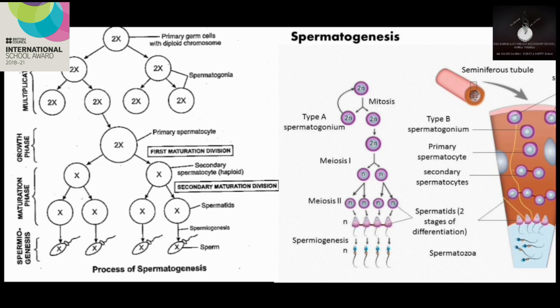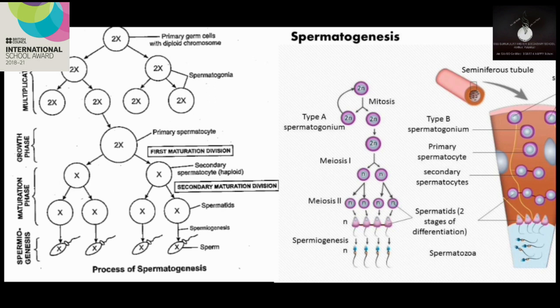Okay, I'll tell you once more. Here, during the maturation phase, the primary spermatocytes will undergo the first meiotic division. As a result of that, two equal sized haploid secondary spermatocytes will form. These haploid secondary spermatocytes will again undergo the second meiotic division.